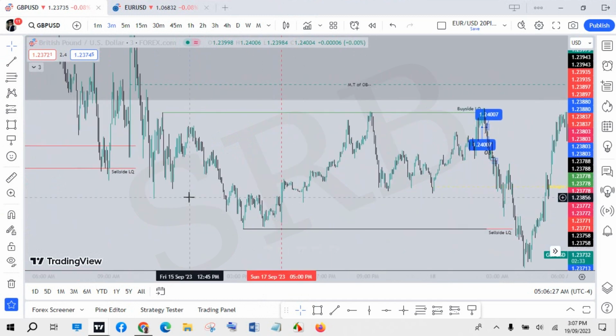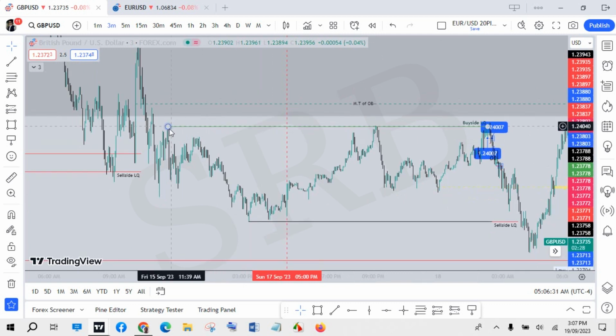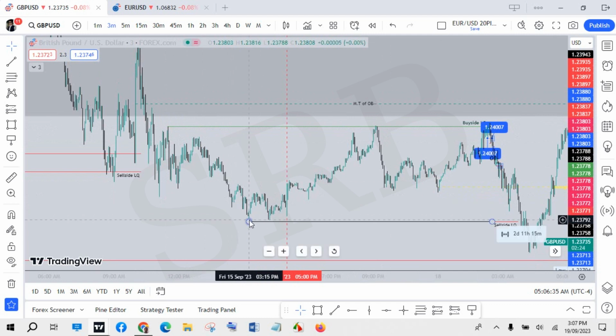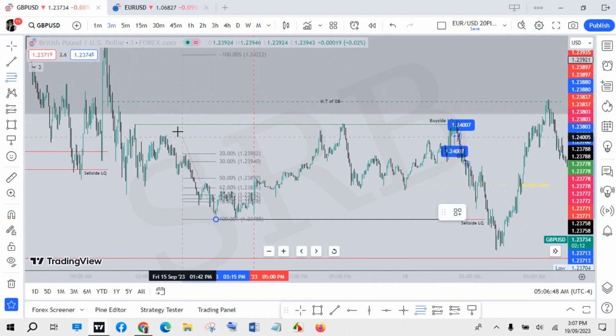Using this 3-minute time frame, if we use that as our buy side liquidity objective and this low as sell side, this is the range that we are taking to execute.